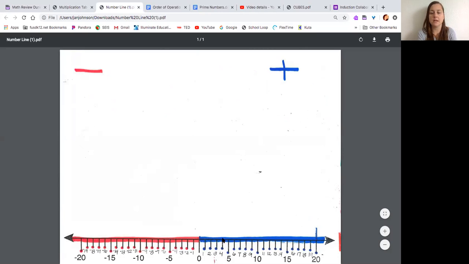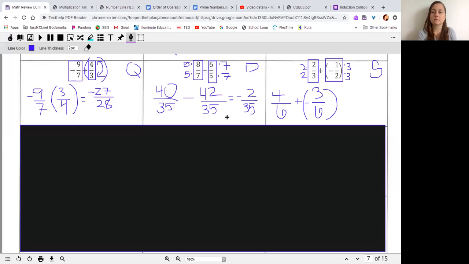So minus 3. 1, 2, 3, and I land on 1. So this equals 1 over 6. I don't want these parentheses to confuse you to think that you're multiplying a positive number or something like that. Parentheses can mean different things. So I have to make sure I understand what it's telling me. Because I was adding, the denominator stayed the same.